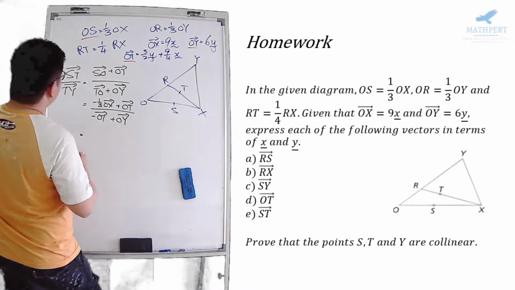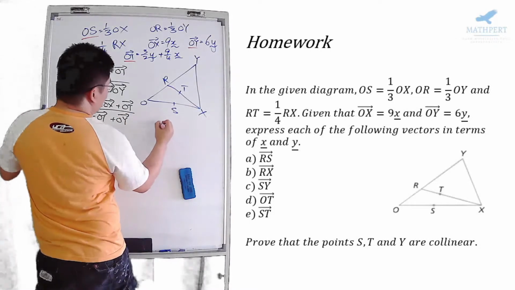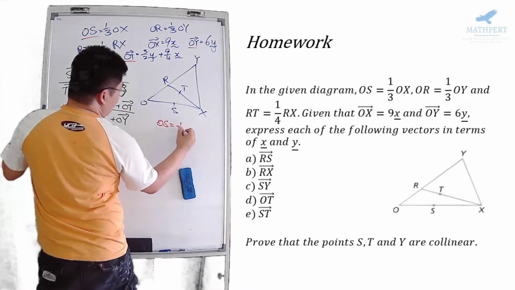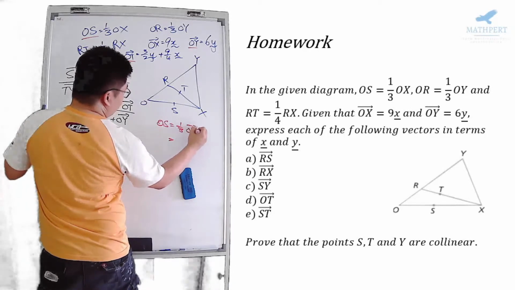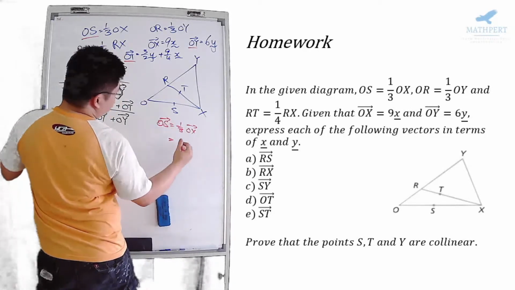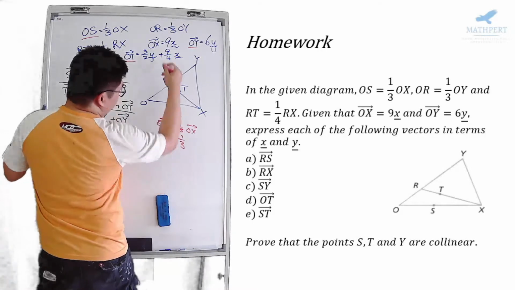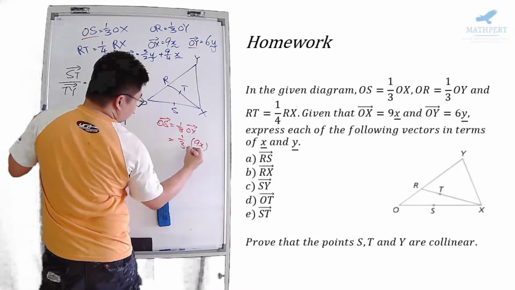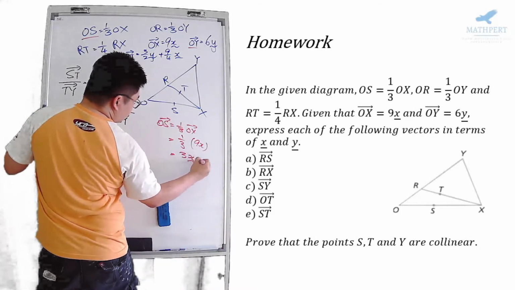Okay, so OS is equal to 1/3 of OX. So OX is 9x, so I will get 3x.